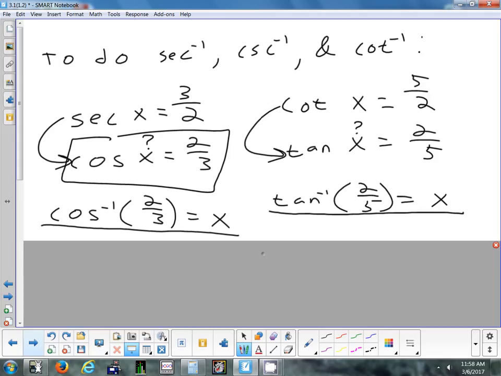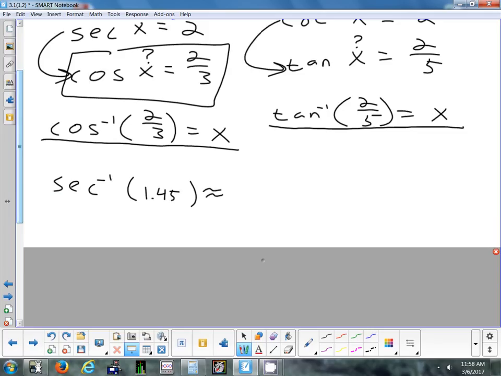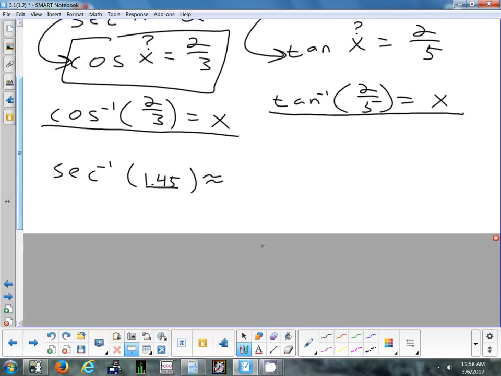I'm not going to type those in because that's not the one that I'm going to do. But let's try this one. You might be like, well, wait a minute, you didn't give me a fraction this time. All the other problems had fractions. Well, if you want to make it a fraction, what could you do? Yeah, just put it over 1. Now it's a fraction.